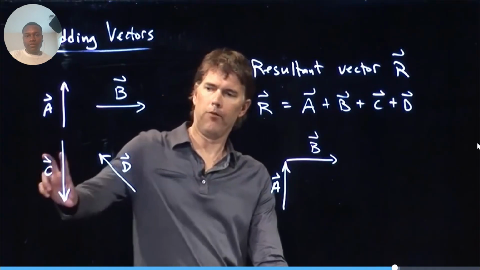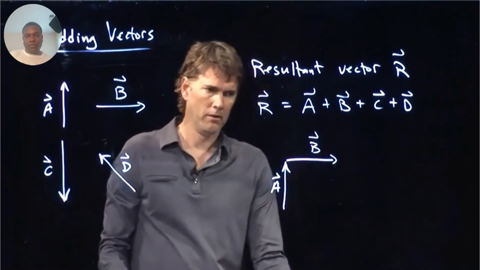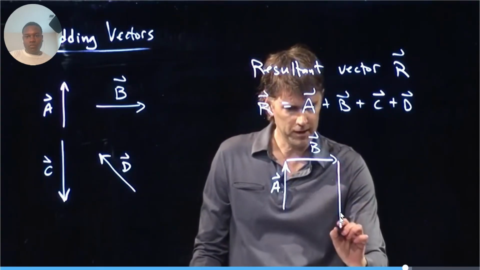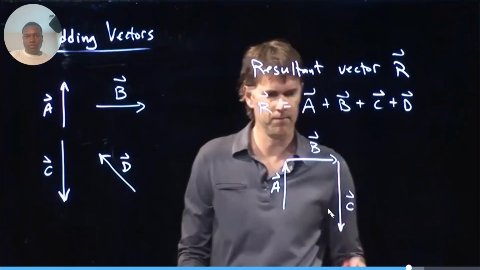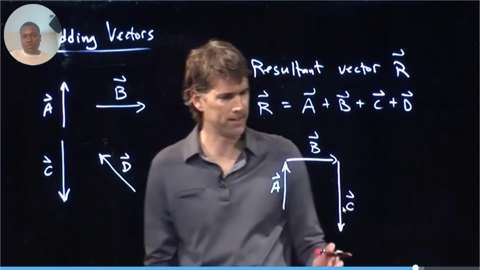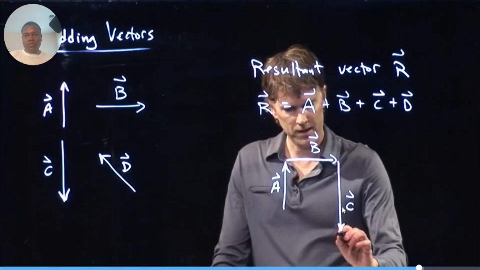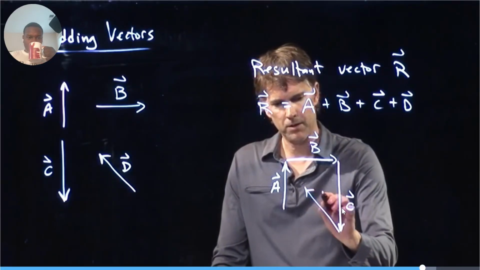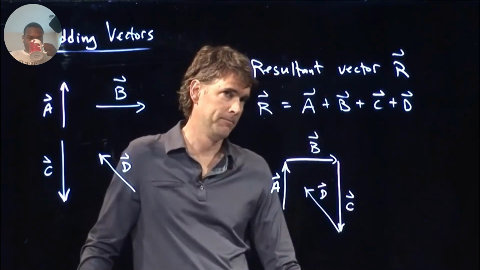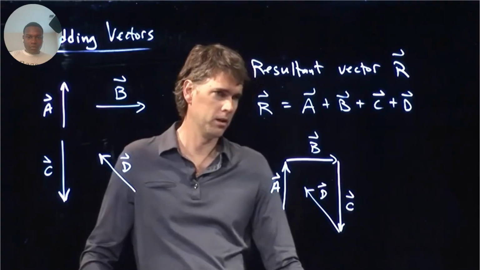And now we take the third vector and we move it into position such that it starts at the arrowhead and moves off in its particular direction, roughly like that. And then we do the same with vector D. Starts at the end of C and goes up in that direction. Okay, so what does R look like?